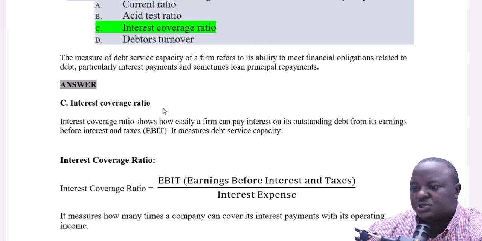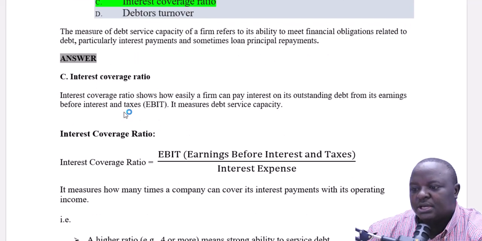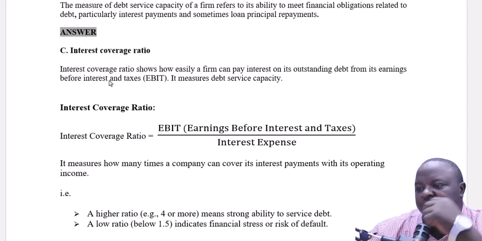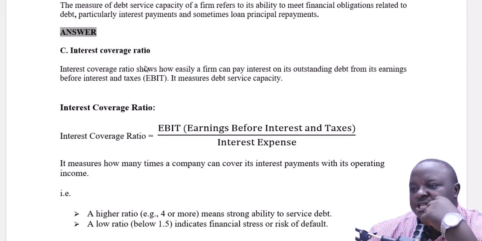The right answer is the interest coverage ratio. The interest coverage ratio shows how easily a firm can pay interest on its outstanding debt from its earnings before interest and taxes. So it measures the debt service capacity.